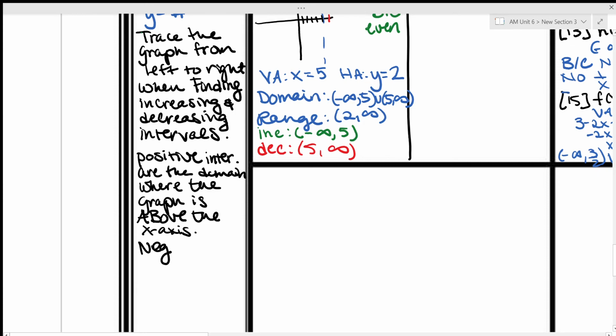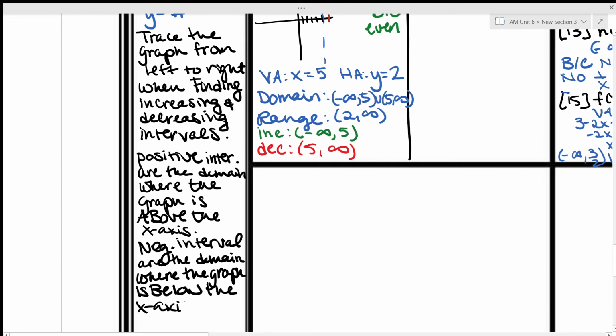The two that I didn't finish here will be finished on here before negative. Okay.